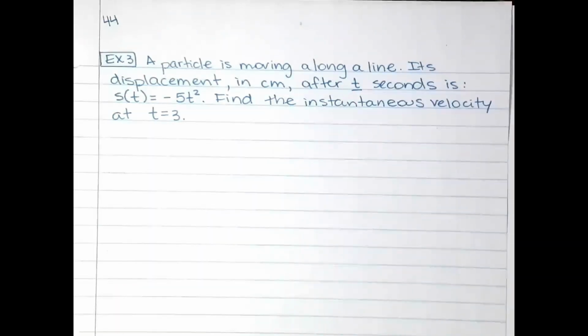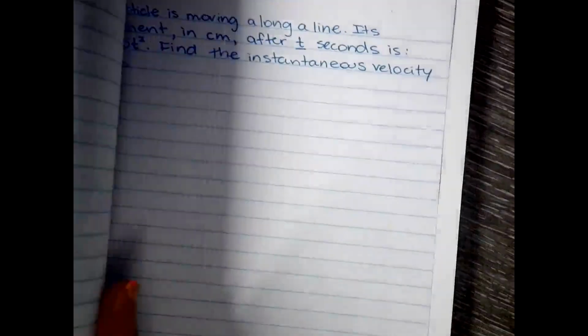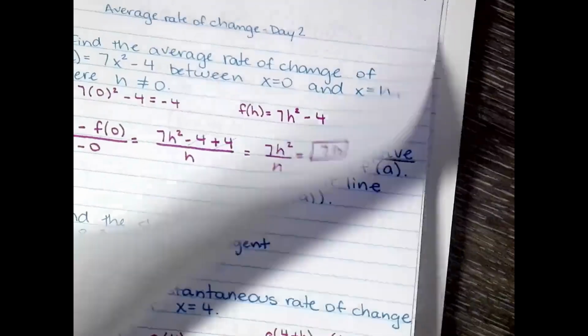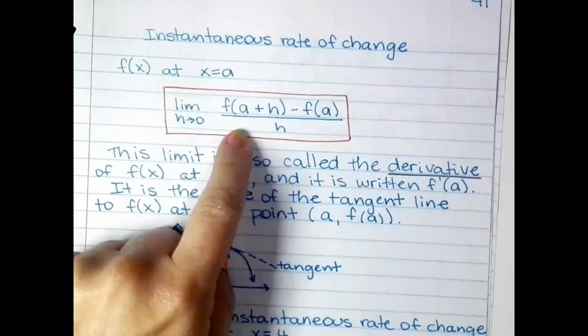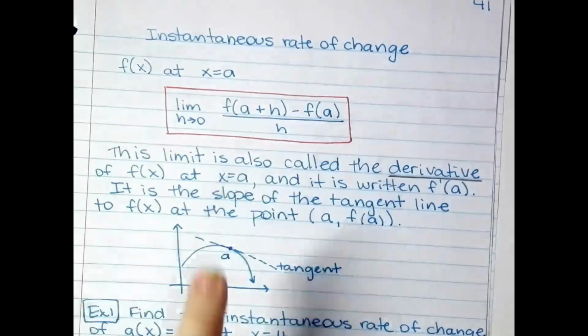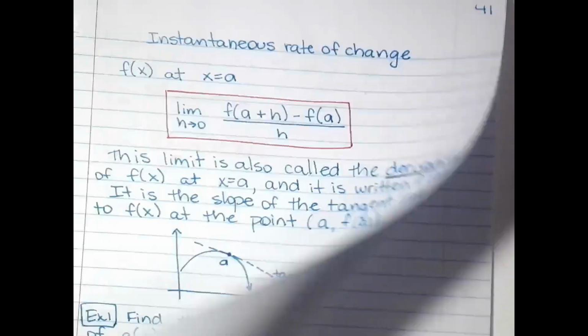Okay, so now, since we're trying to find the instantaneous, I'm going to find the derivative using limits. So here's the formula from a couple days ago. And that's the formula I will use.